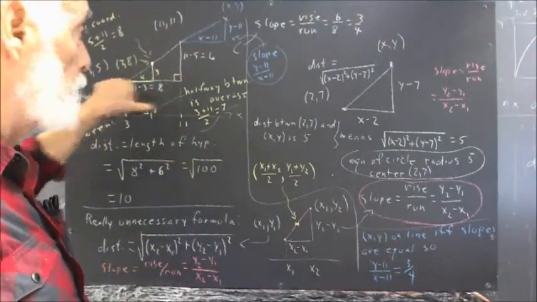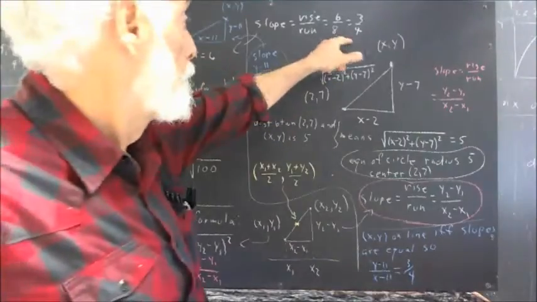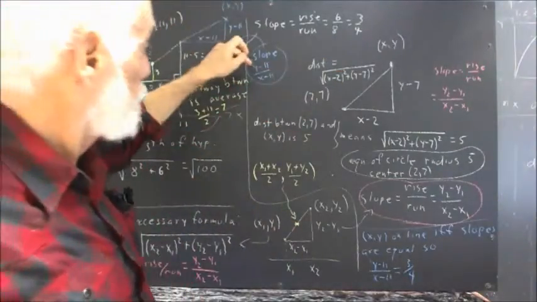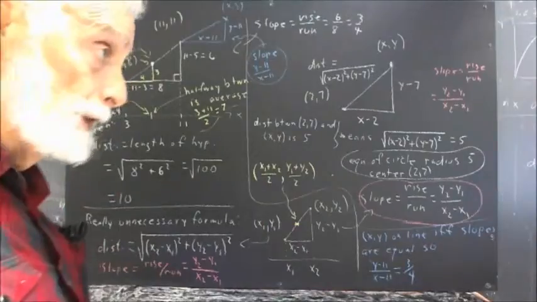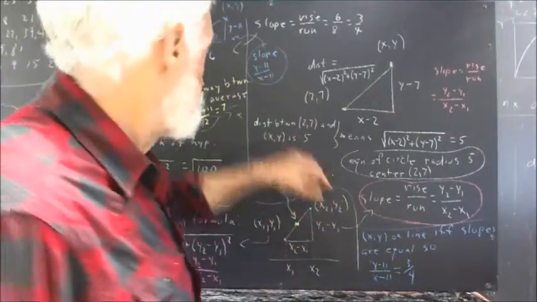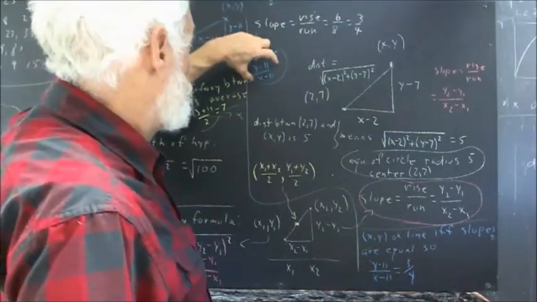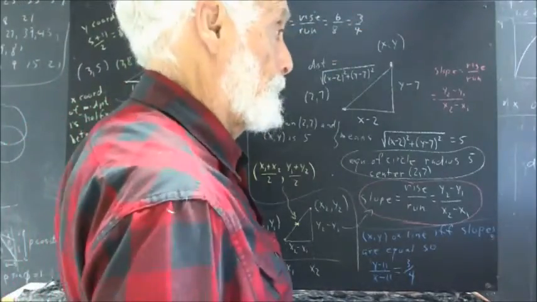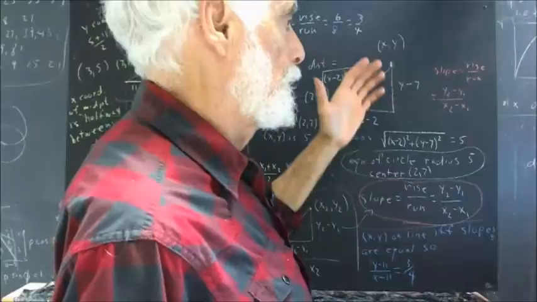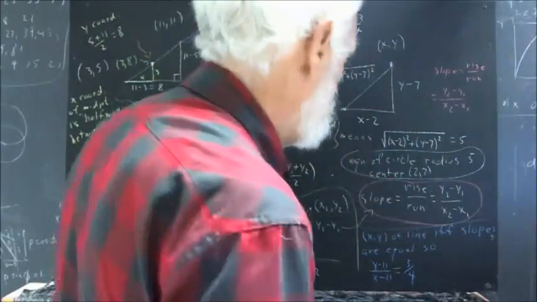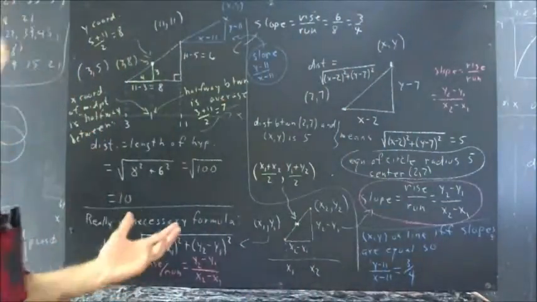Remember, the slope of this triangle was 3/4, and the slope of this triangle is (y minus 11) over (x minus 11). So the statement says that (x, y) is on the line if and only if this is equal to this. Now, we haven't proven the if and only if, but we've proven the if.